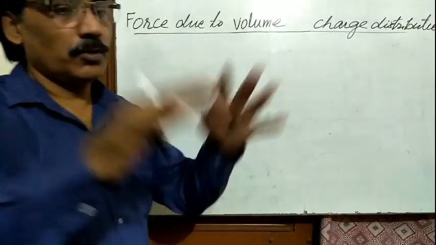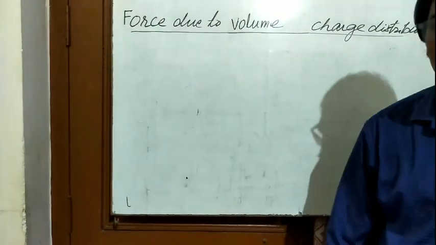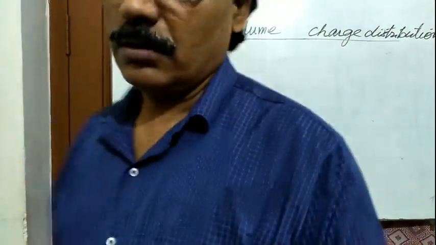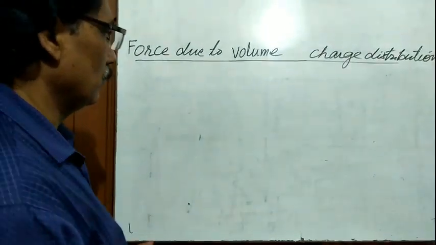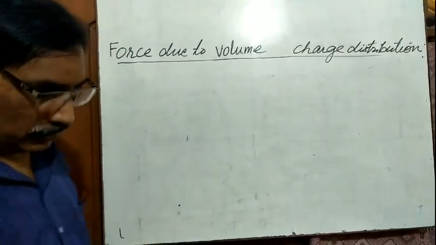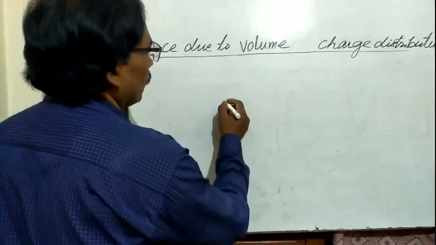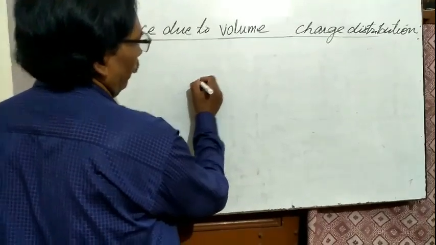When the charge is distributed on a volume, that is, the body is three-dimensional, with uniform distribution. For example, you have a cube or cuboid, a brick, or a sphere on which the charge is distributed.